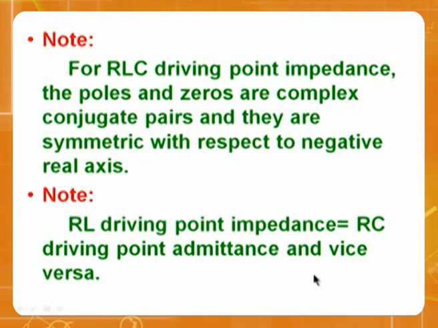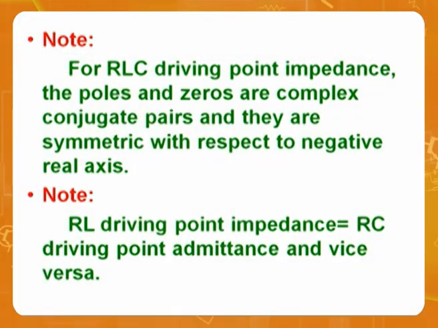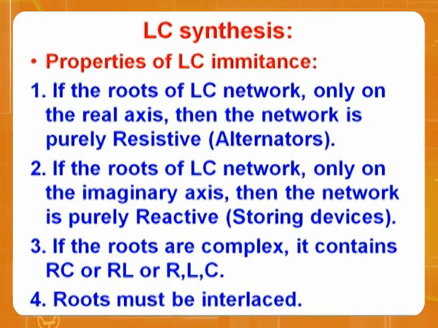So when you look at RC circuit properties and RL circuit properties, it is very easy to remember. Whatever is valid for RC Z is valid for RL Y. That's very interesting and very easy to remember. Now I am going to synthesis. When I am going to synthesis, you must understand the properties of each one.